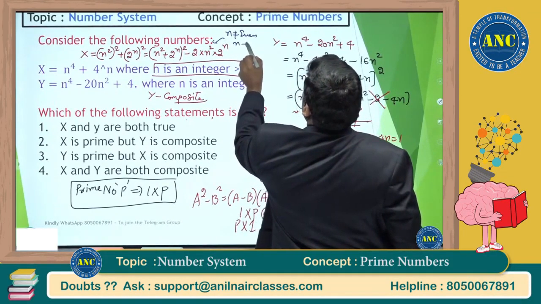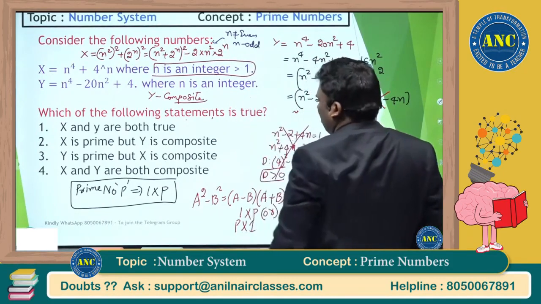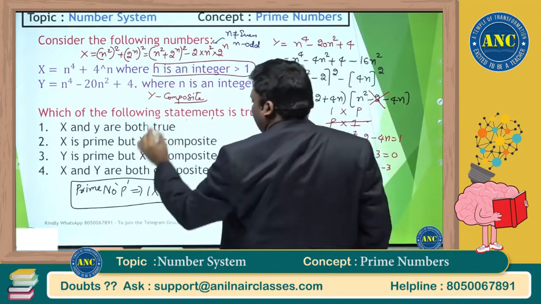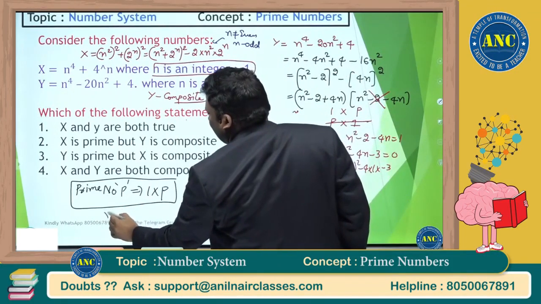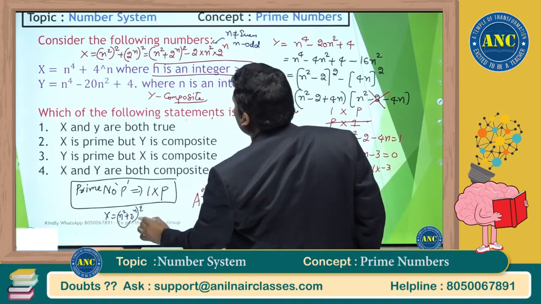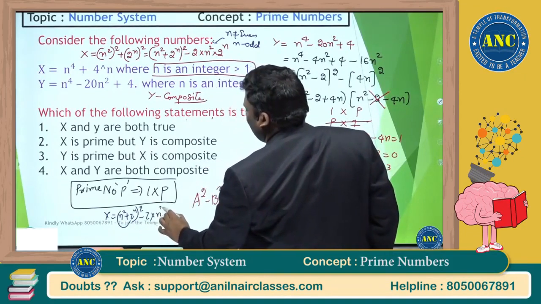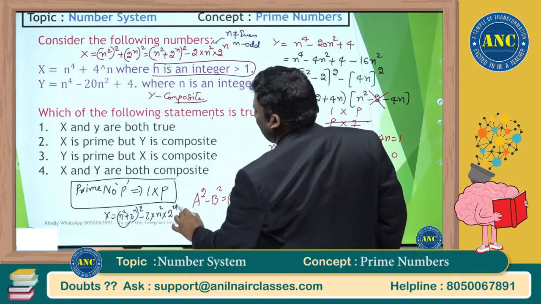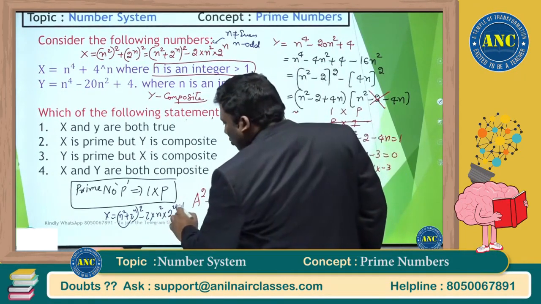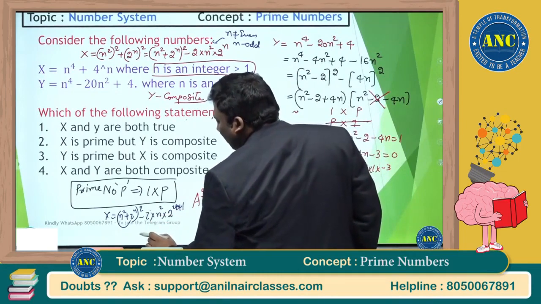If I take n value odd, see here. This I will write here. X is (n square plus 2 power n) whole square minus 2 into n square times 2 power n. If n is odd, n equals 2k plus 1. Are you all with me? Here, 2k plus 1 plus 1 is 2k plus 2.